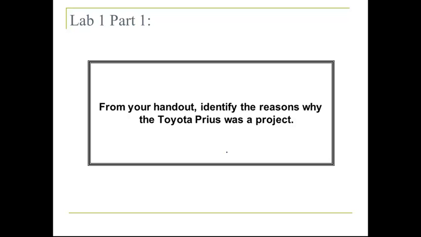And while you're reading, I want you to identify the reasons why the Toyota Prius was a project. For instance, you can say this project was unique, and the article mentioned this, just to use a reference from the article.